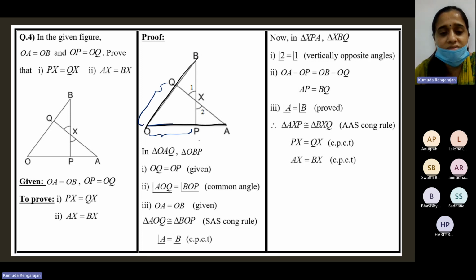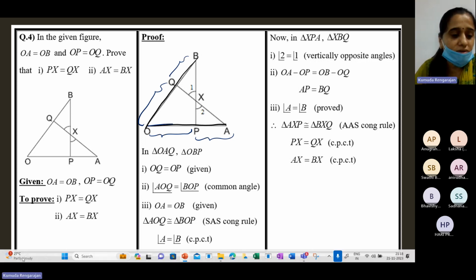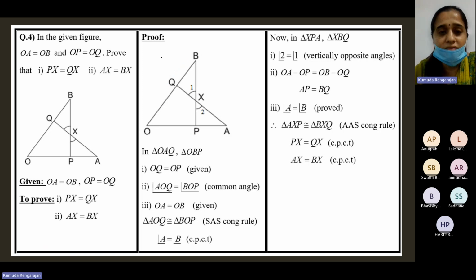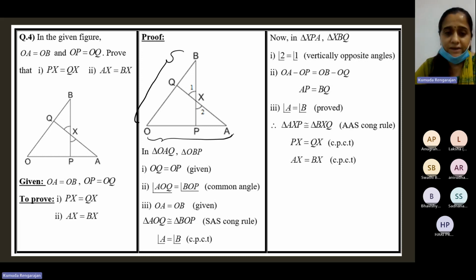So from this, you can understand that PA is equal to BQ. Because, see here, children, it's given that OB is equal to OA. Then a part of these two line segments, OP is equal to OQ. That means the remaining portions, PA should be equal to BQ, right?